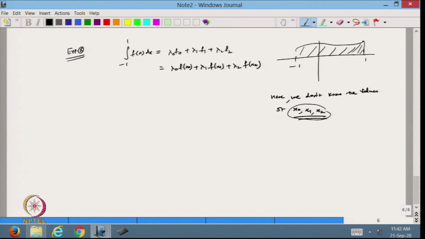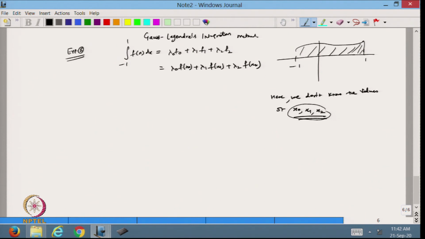So, this is an example of the Gauss Legendre's integration method.